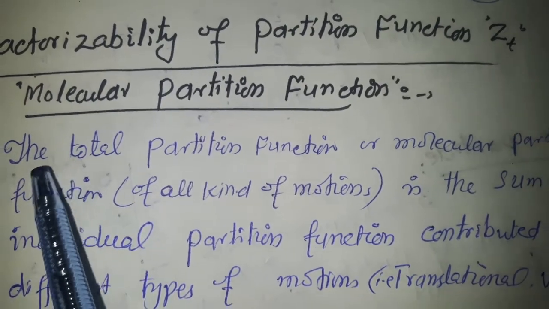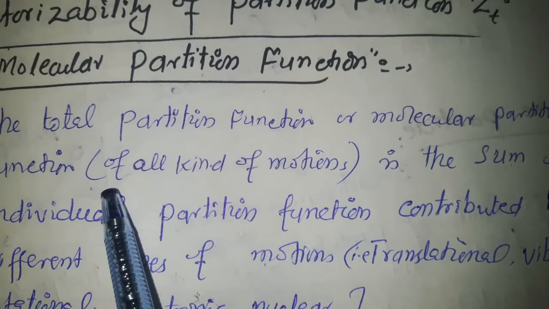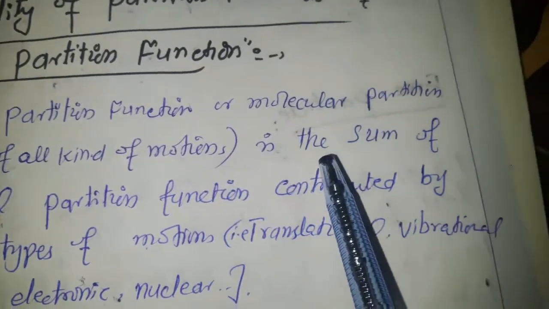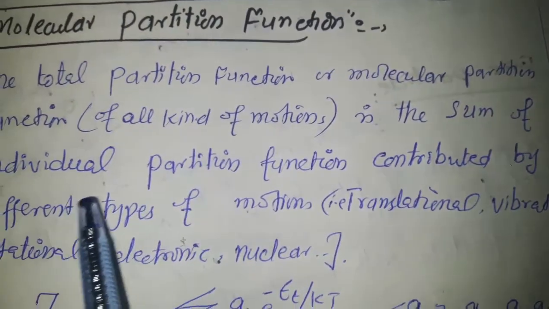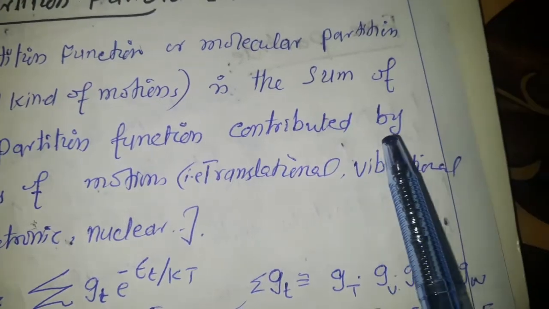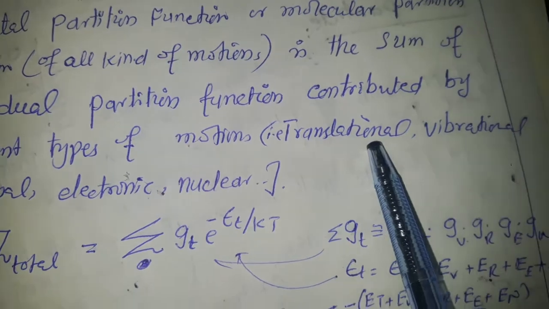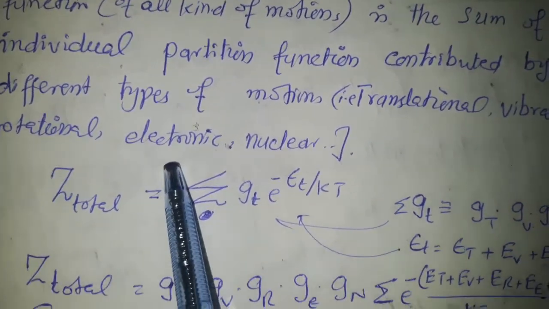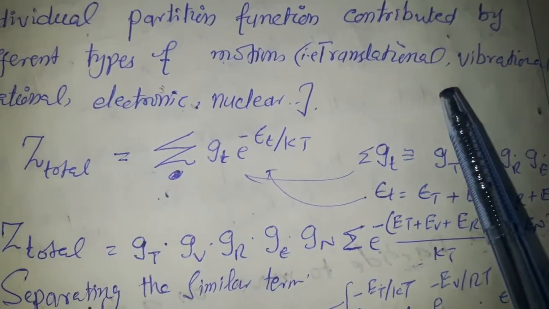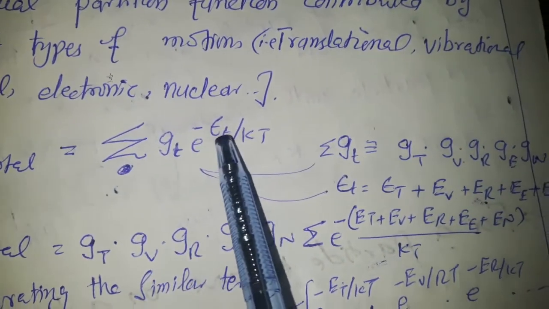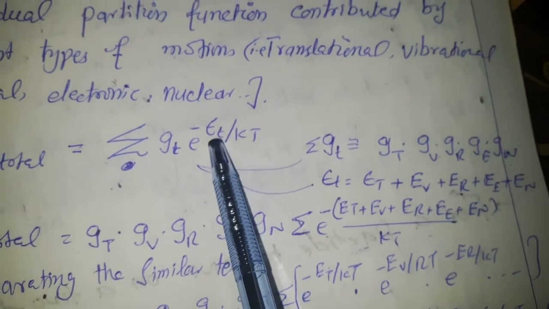So the total partition function, or molecular partition function, of all kinds of motion in the assembly of n particles is the product of individual partition functions contributed by different kinds of motions, that is translational motion, vibrational motion, rotational motion, electronic motion, or nuclear motion, because these kinds of motion contribute particularly to the energy of the particles.